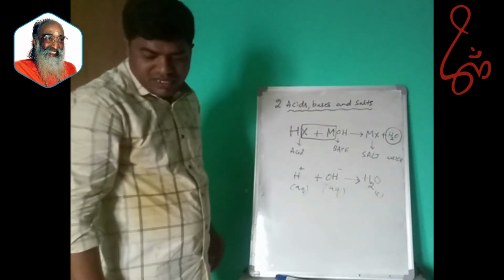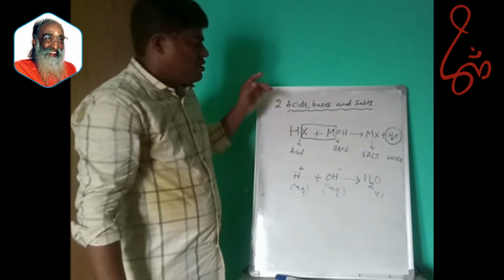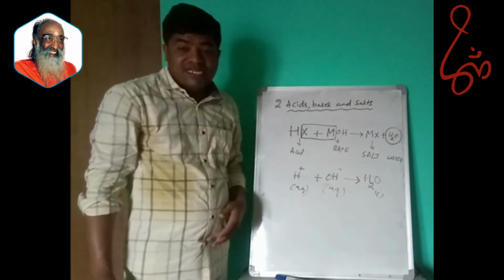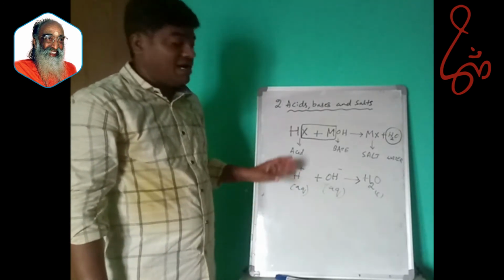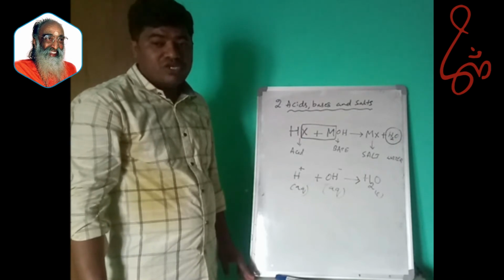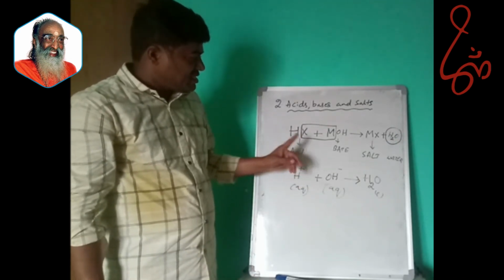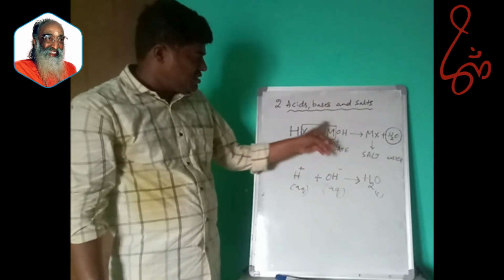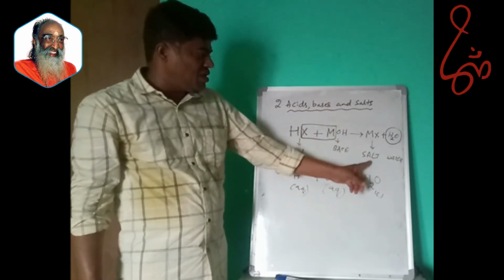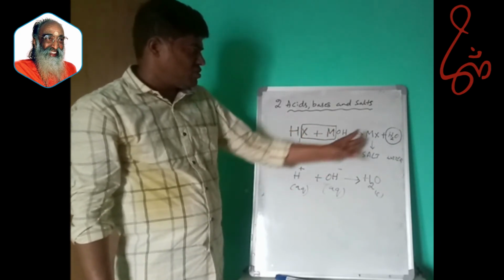This is what we discussed up to now. What happens to an acid or a base in water solution? All acids give H plus ions. All bases give OH minus ions. Generally I represented acid as HX, base as MOH. They react with each other to give salt MX, M of base, X of acid, plus water.